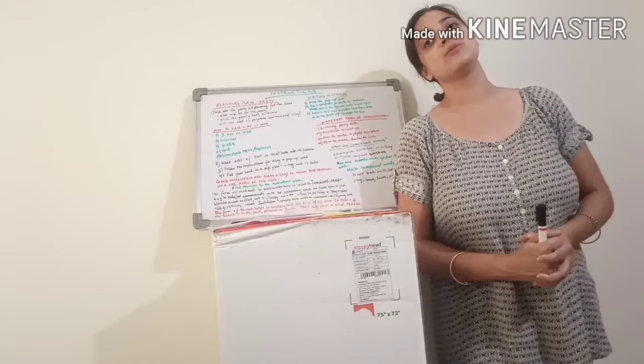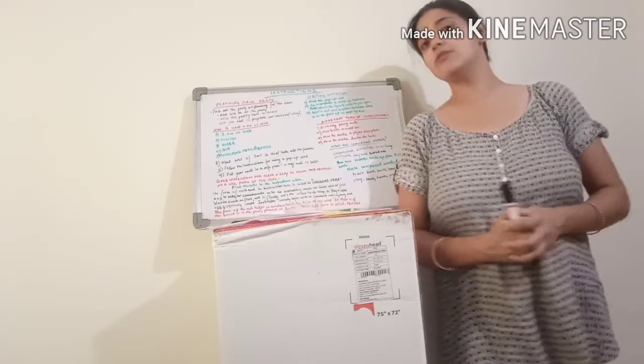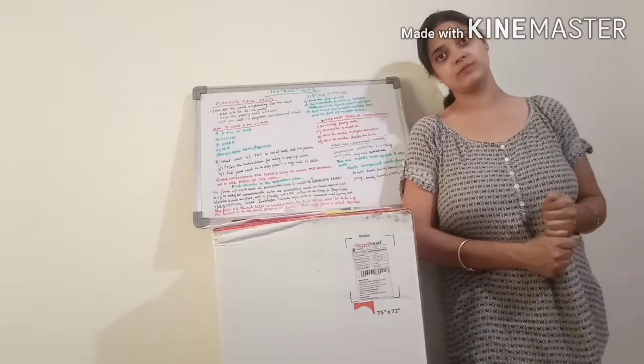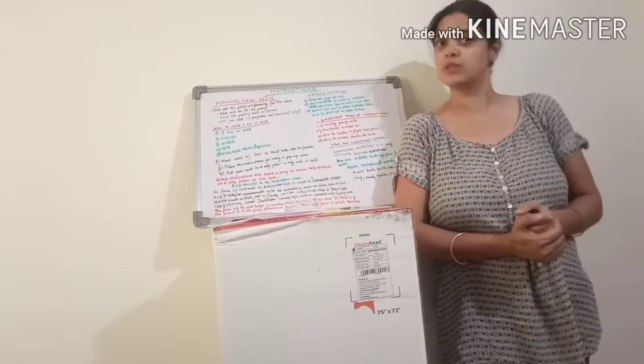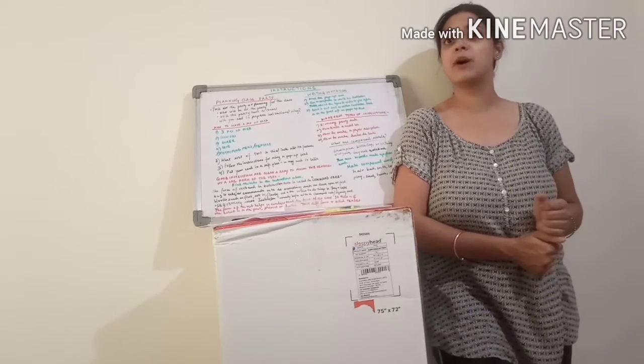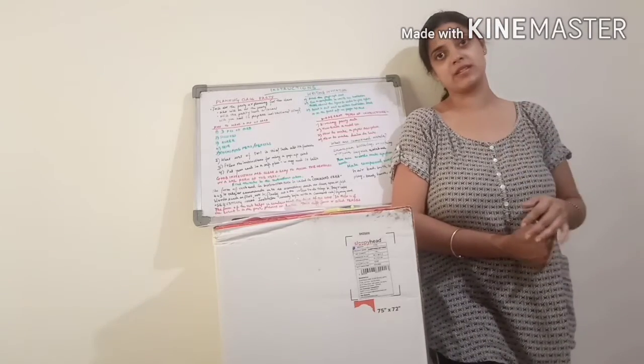So like the other days, we will do a recap of what we learned in the last video, and then we will move forward with today's lesson. In the last video, if you remember, we learned about various types of texts.